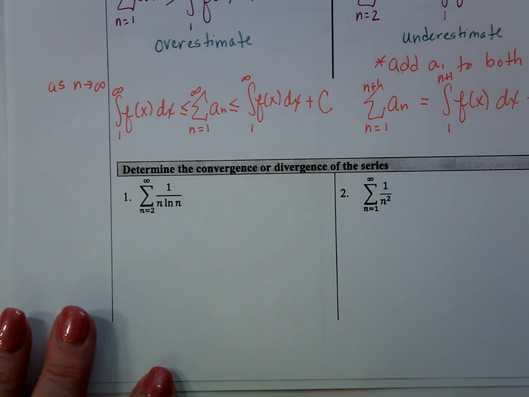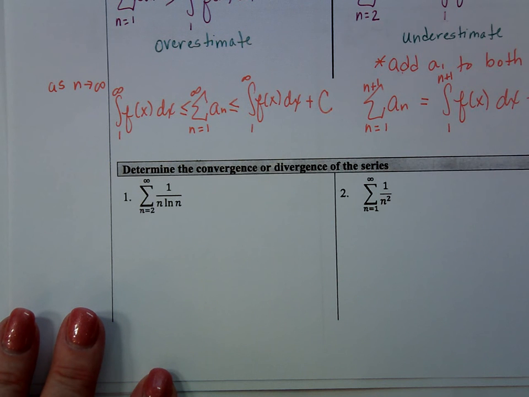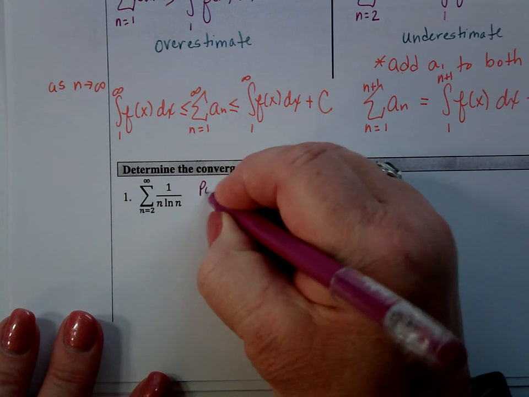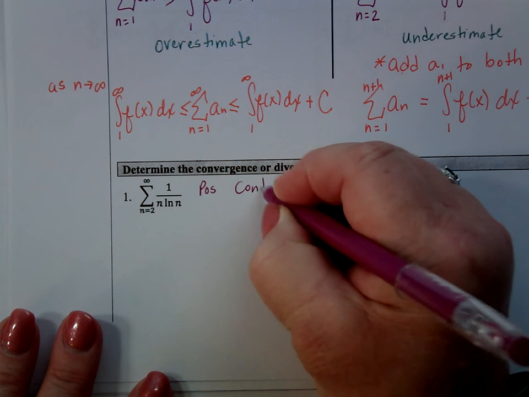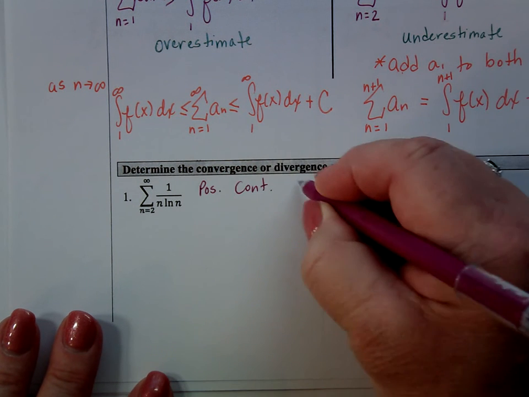If I think about the tests that I've learned so far, there's none that look like this one at all. It's not a geometric series. It's not anything that we've seen up to this point. So let's test it. Is it positive? Is it continuous? Positive, continuous, and is it decreasing?